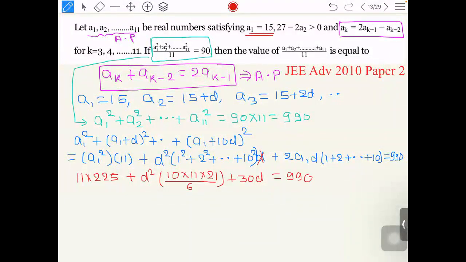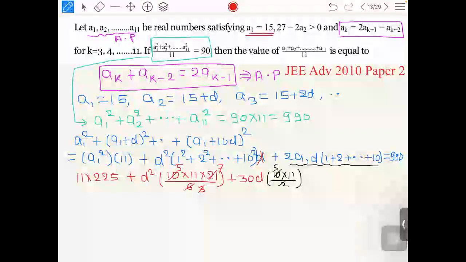One term is missing here. Twice of a1d, and 1 plus 2 plus 3 up to 10 becomes 10 into 11 by 2.